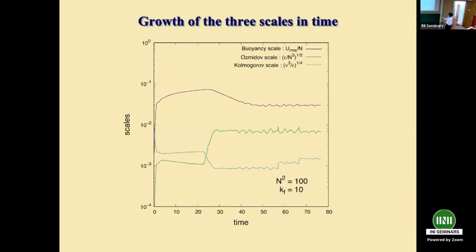And also, the Ozmidov scale has a kind of spike at this time. So there might be something, but we haven't identified it.